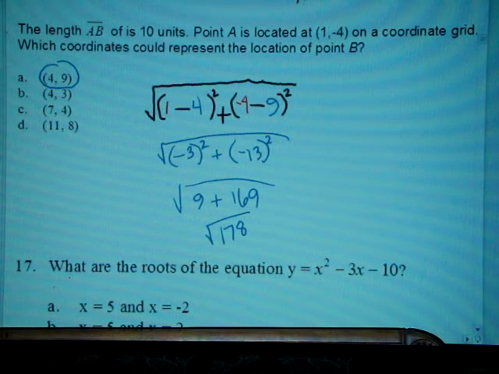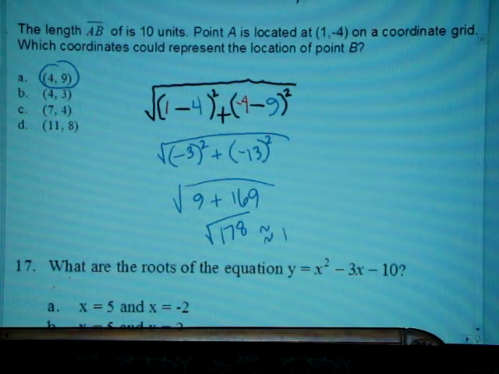Now you'll have your calculator, which you will just plug that into. I'll just do it on my calculator and tell you about it because I don't have this other machine turned on right now. The square root of 178 in the calculator is about 13.34.